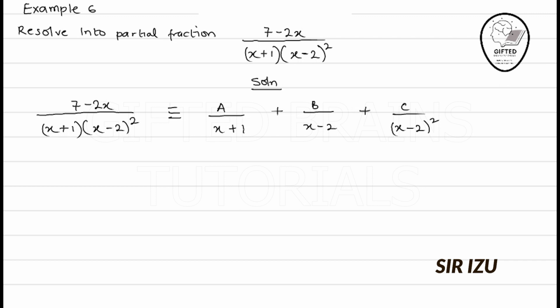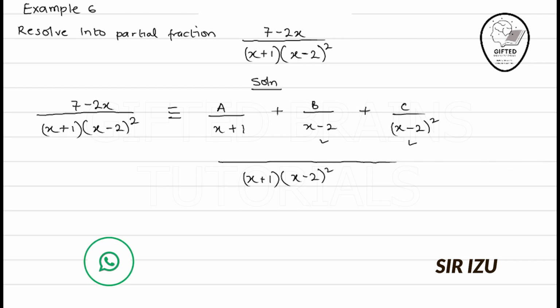And now we find our LCM. Please take note. Our LCM here is x plus 1, x minus 2 all squared. Please don't write your LCM as x plus 1, x minus 2, and x minus 2 all squared. That would be wrong, because you can find this inside of it.